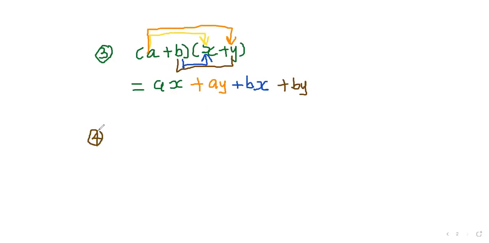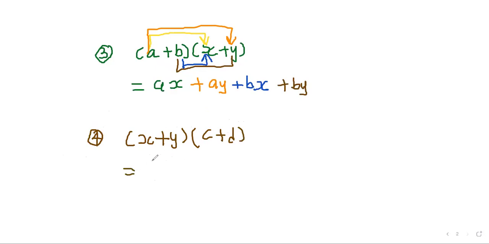Then if we were to do number 4, this is grade 10 work, but it's kind of like grade 8, grade 9, as well as grade 10 work, because they're more familiar to each other. So if you're having (x plus y) as well as (c plus d), you always use the FOIL method.